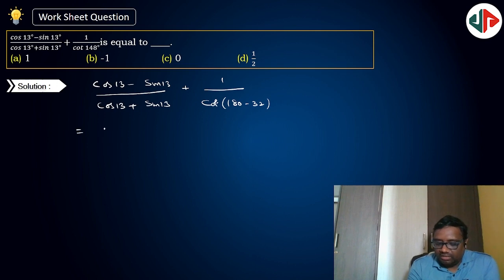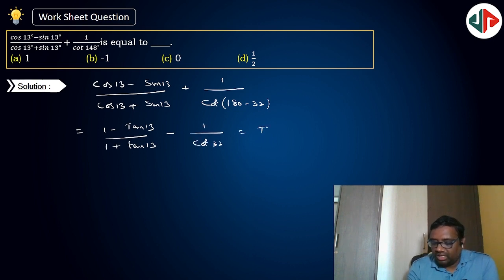So it is nothing but (1 minus tan 13) by (1 plus tan 13) minus cot 32. So this value is nothing but tan of (45 minus 13) minus tan 32. So what is your answer? 0.